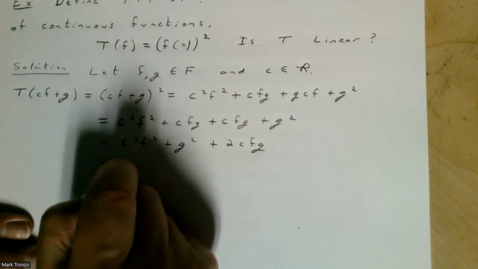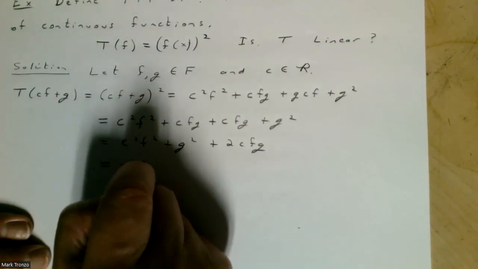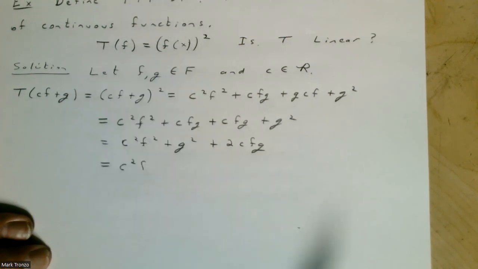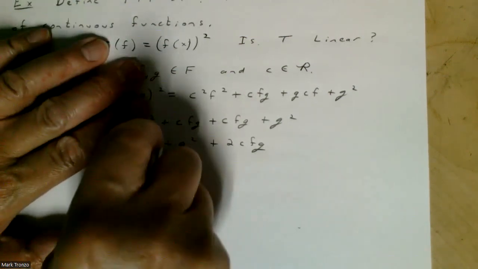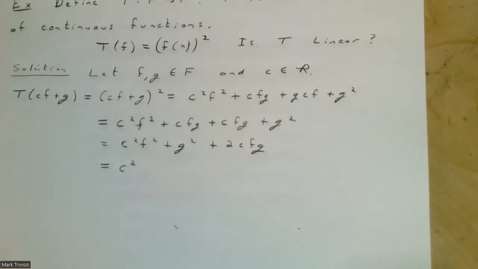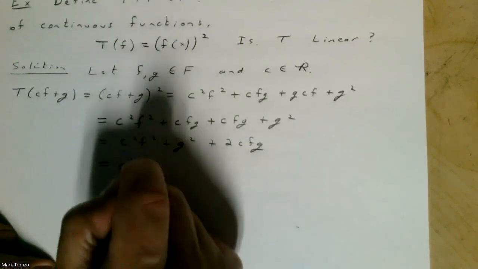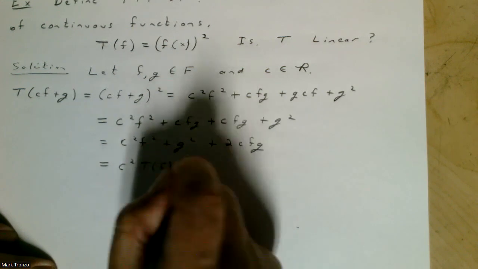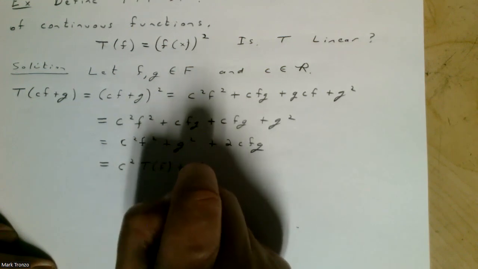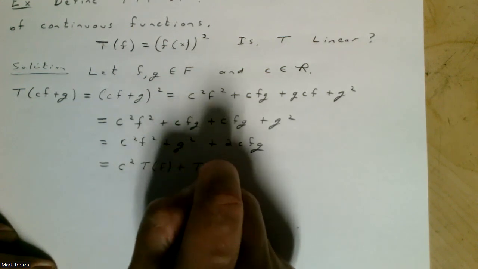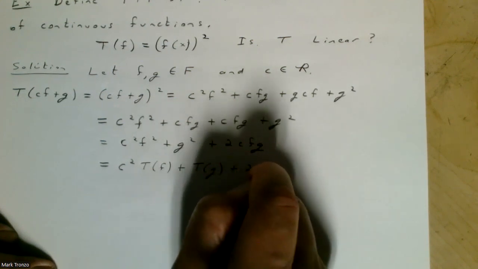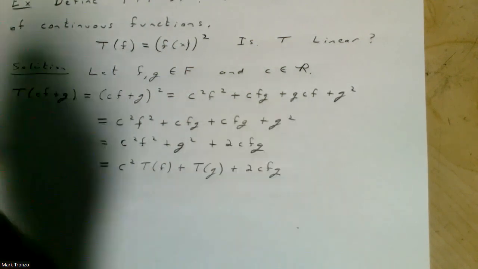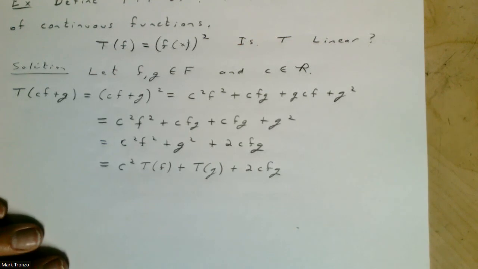This is going to be c squared Tf, this is going to be Tg plus 2cfg. It looks like it's not going to work.